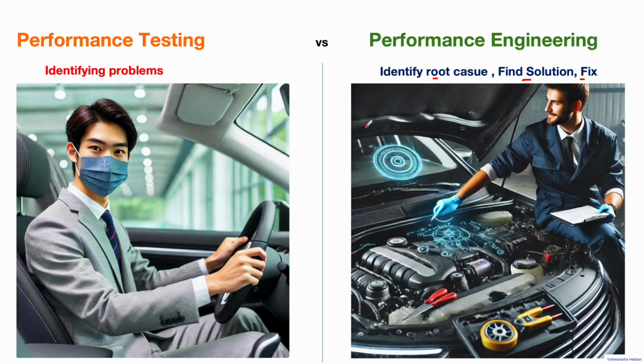Whereas performance engineering is an approach to designing, optimizing and maintaining the system to perform efficiently under all conditions. In performance engineering, you need to fix the system in such a way that it performs efficiently under all conditions.